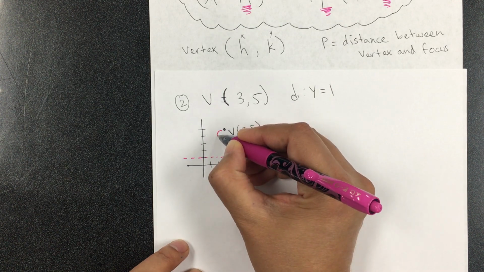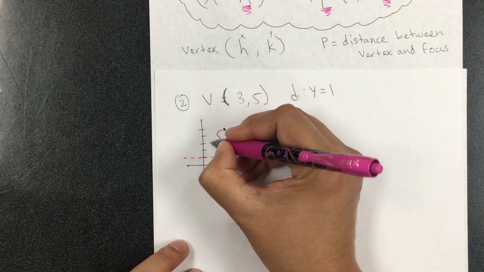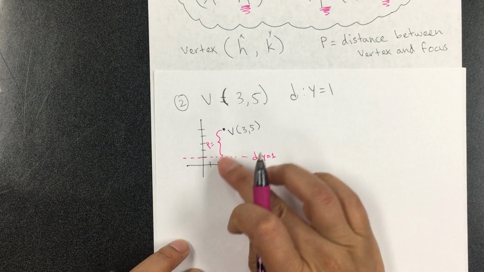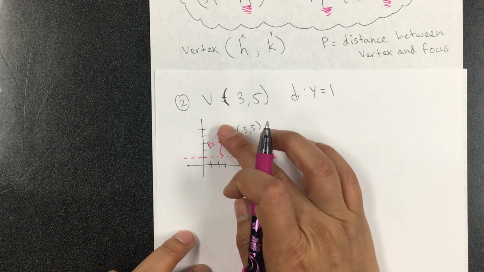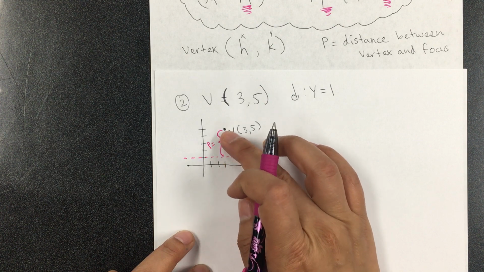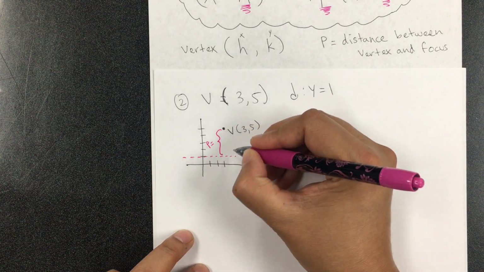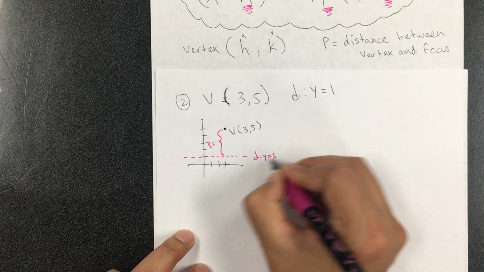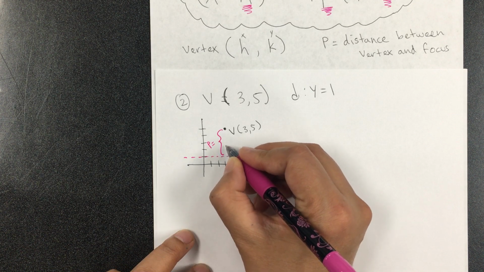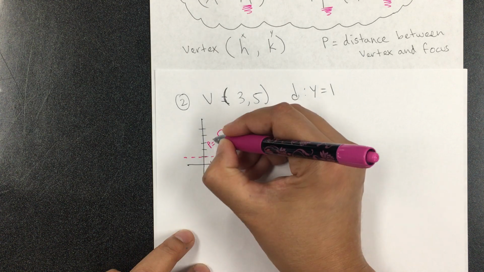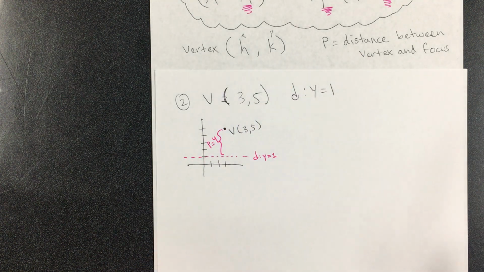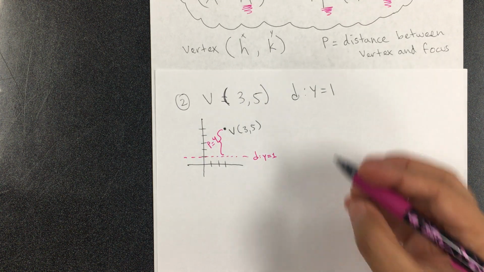So I can figure out p by counting how many spaces between the directrix and the vertex. So this is y is 1, so it's 1, 2, 3, 4 spaces. Okay, so that's my p, the distance between the vertex and the directrix is 4.